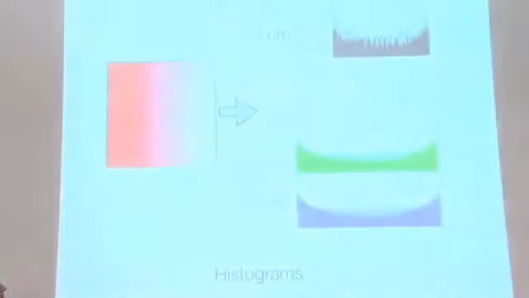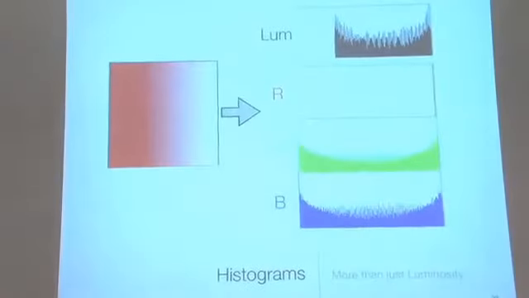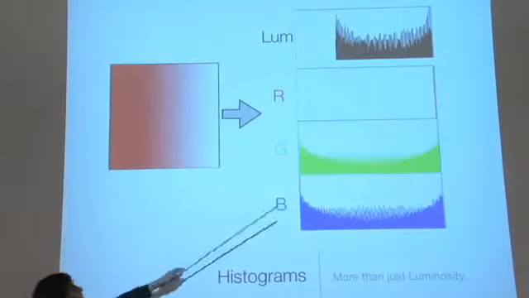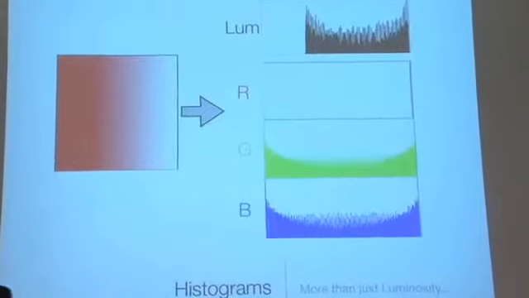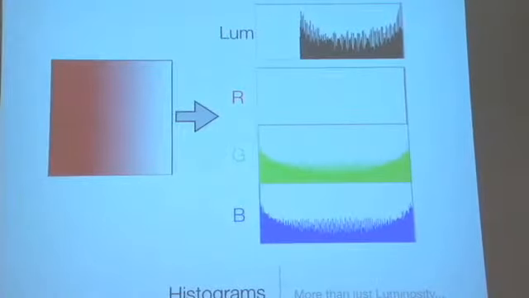So if this was a black to white gradient, then the luminance would extend all the way, and so would each of these color values, just because in that case, at the black end, there's a complete absence of all of these colors, and at the right end, there's a complete presence of all of these colors.